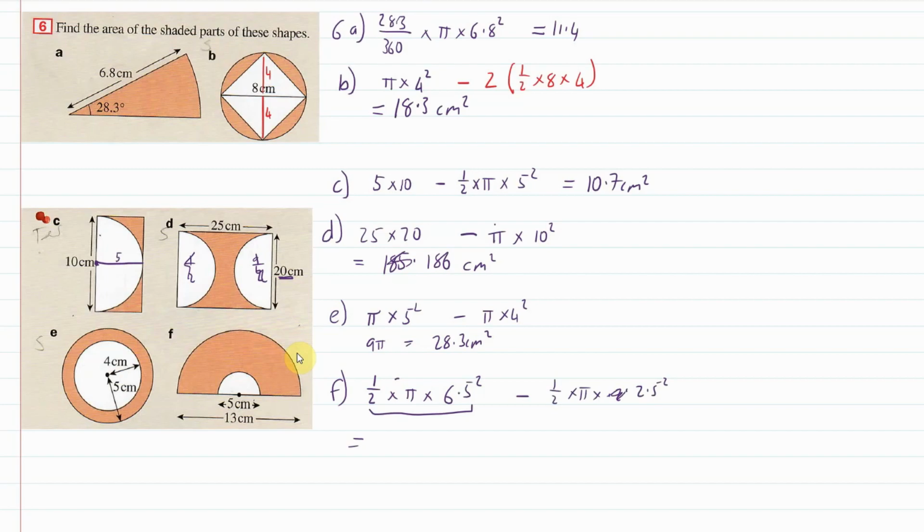And this is going to give us, what is it going to give us? 0.5 times 2.5 squared times pi. I think it gives us 18 pi, which is equal to 56.5 centimeters squared.